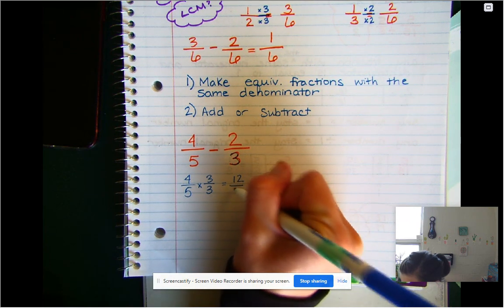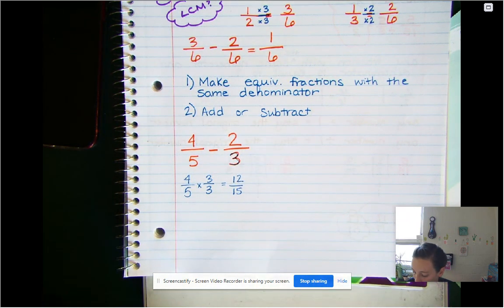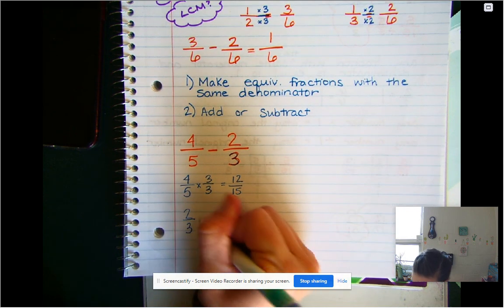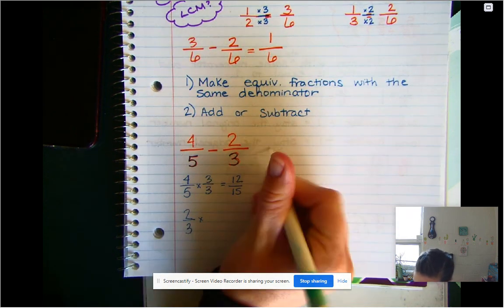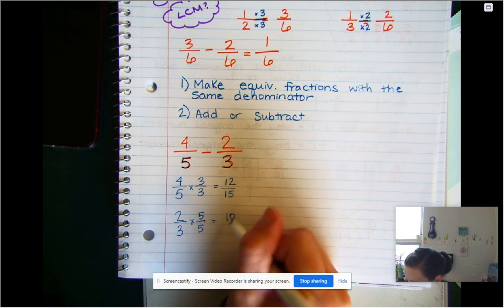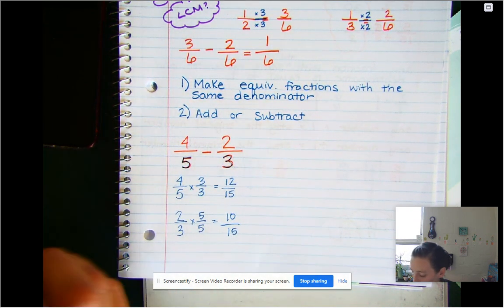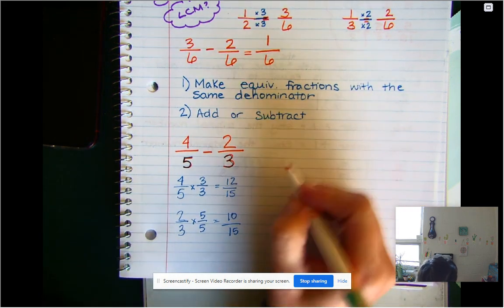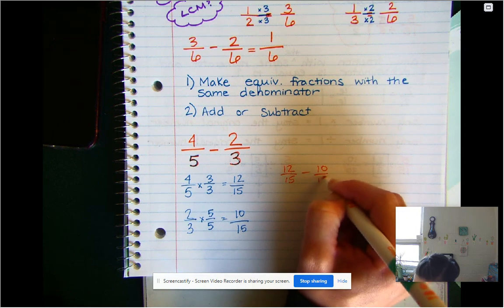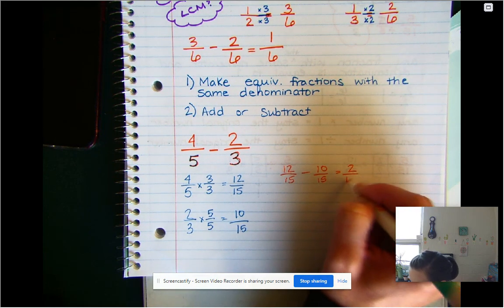That one becomes 12/15. And then I'm going to do the same thing to 2/3. I just am going to choose to multiply it by 5 since that's the other denominator. 10/15. So now I have 12/15 minus 10/15 equals 2/15.